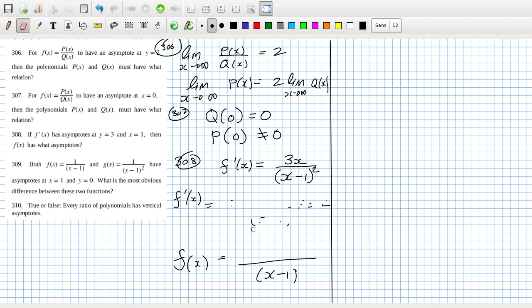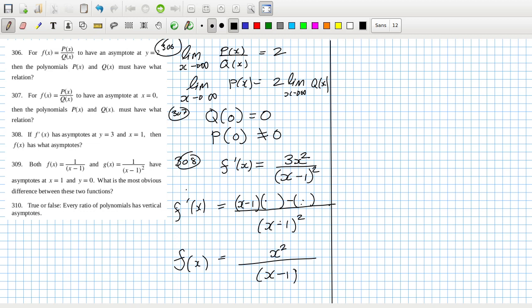Okay. Oh, actually, because of the square here, I just realized this needs to be a square. So that might help me out a bit. So that's the bottom squared. The bottom times the derivative of the top minus the top times the derivative of the bottom, which is going to be 1. So let's see what happens if I have an x squared.